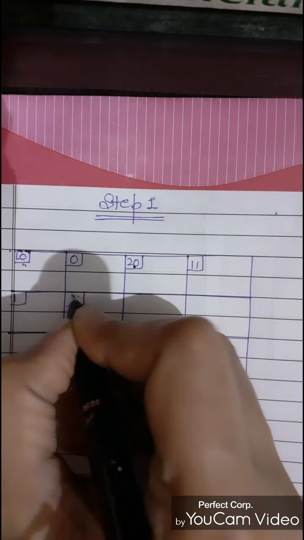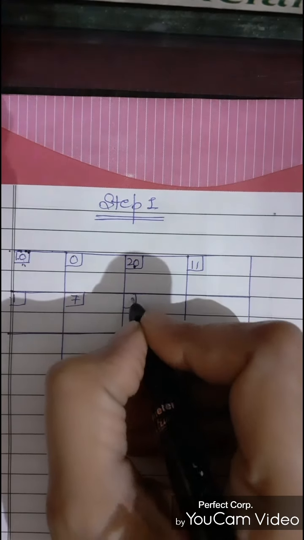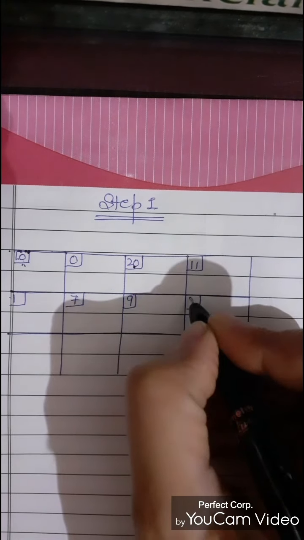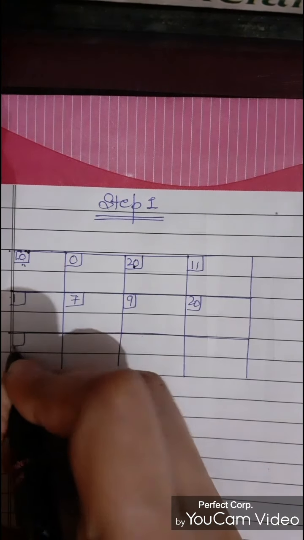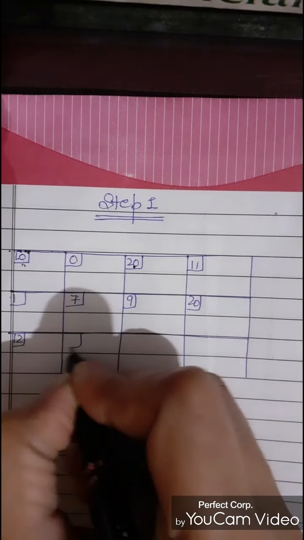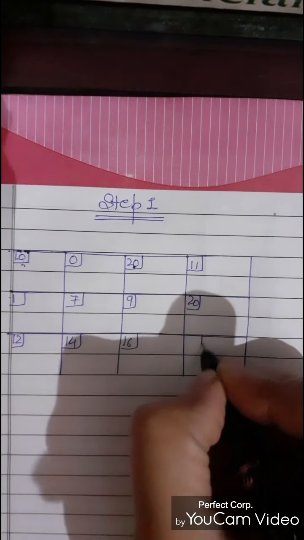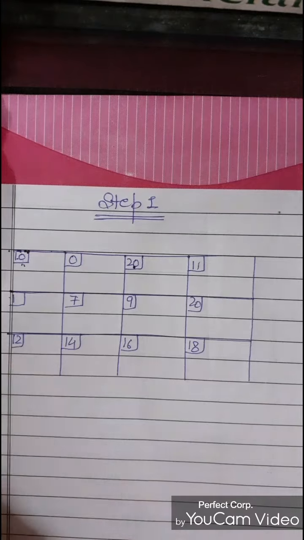According to the question, I will write all the costs in this manner: 1, 7, 9, 20, 12, 14, 16, 18.